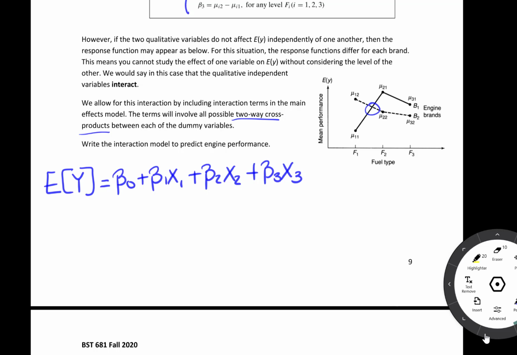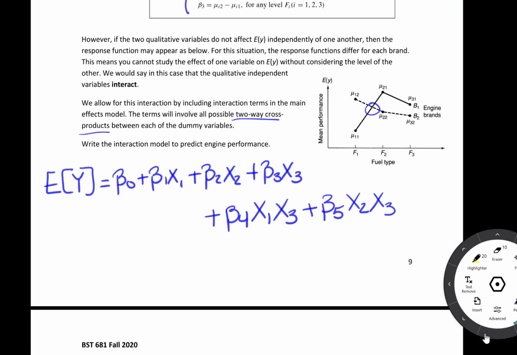So my interaction terms are going to be as follows. I'm going to have an interaction term beta 4, x1, x3, remembering that x1 was one of my potential fuel types, and x3 dealt with brand, and I'm going to have beta 5, x2, x3. And again, this is because this is for the second fuel type and brand.